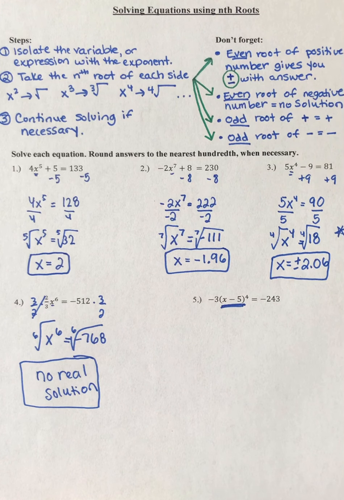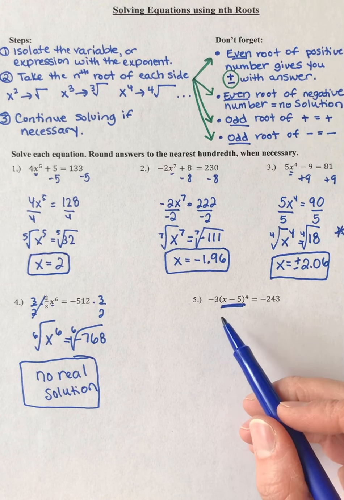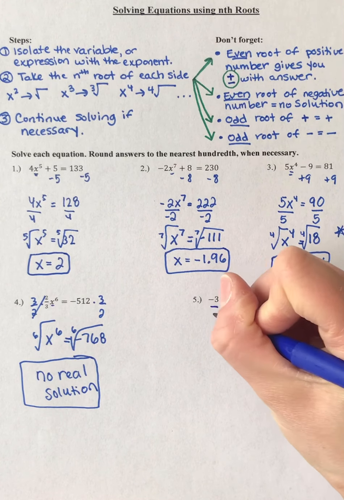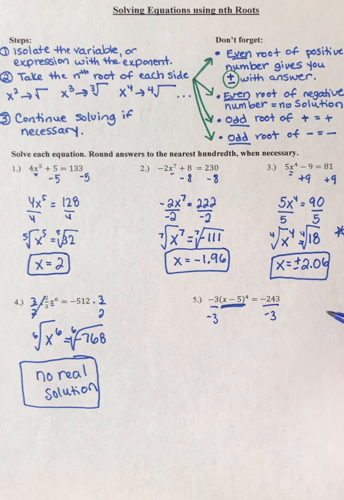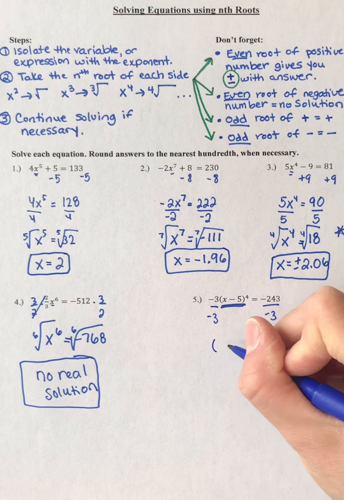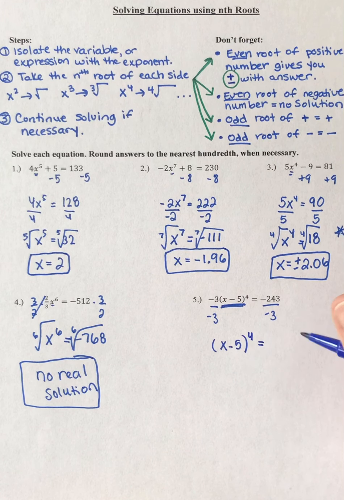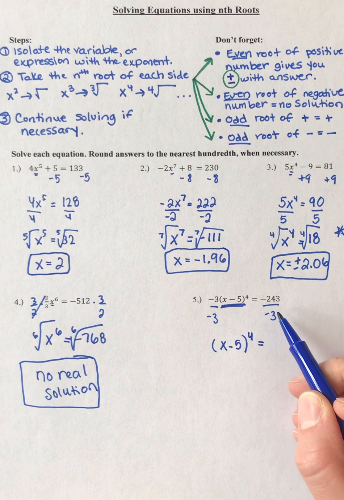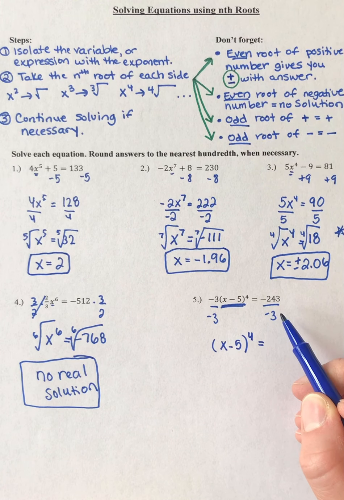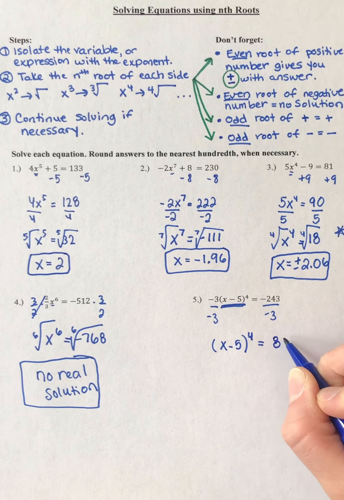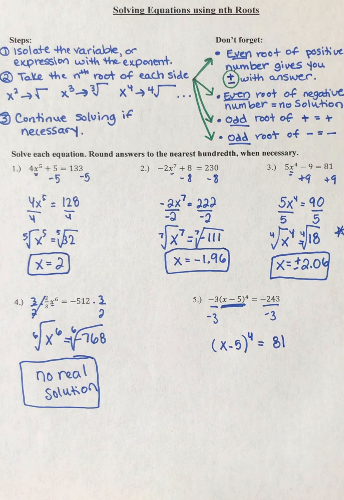Do not add negative 3 to the other side. Negative 3 is connected by multiplication. So I want to divide each side by negative 3. So I'm left with x minus 5 to the 4th power equals a negative 243 divided by a negative 3 gives you a positive 81.